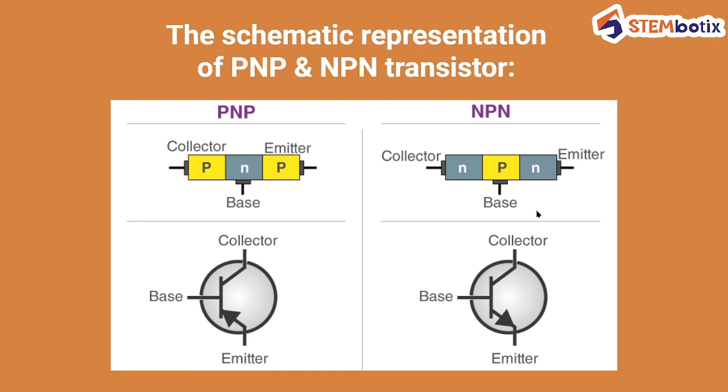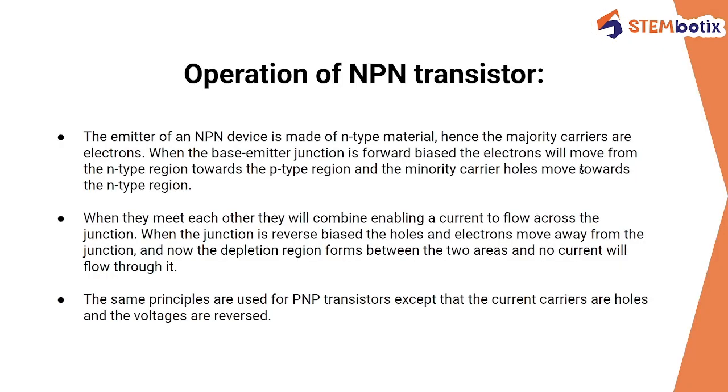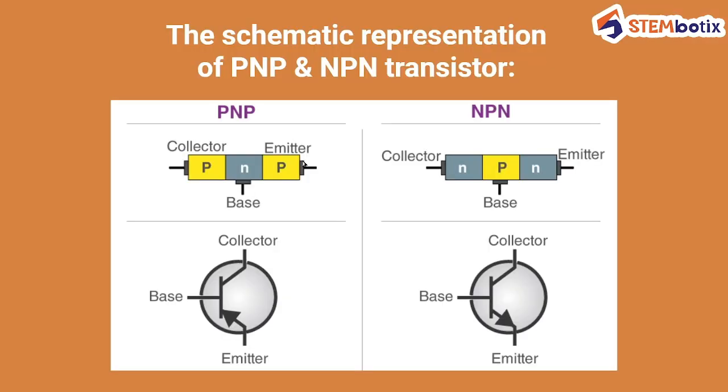You can connect it in forward bias by connecting the negative of the battery to the emitter. So the condition is that the base emitter junction is forward biased, meaning the battery's negative terminal is connected to the emitter and the battery's positive to the base.